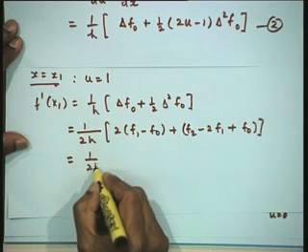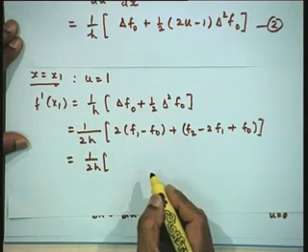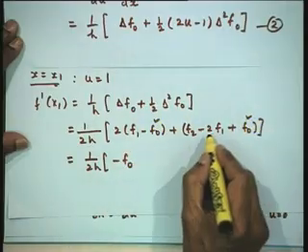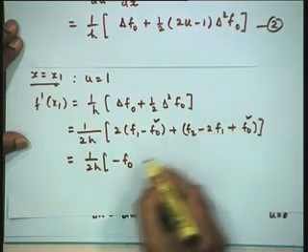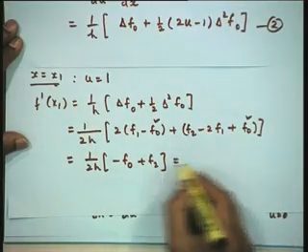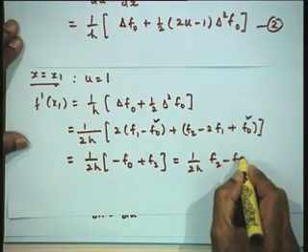This is 1 upon 2 h, this is minus 2 f naught plus f naught, so minus f naught, and 2 f 1 minus 2 f 1 cancels. So, I will have here f 2 minus f naught.